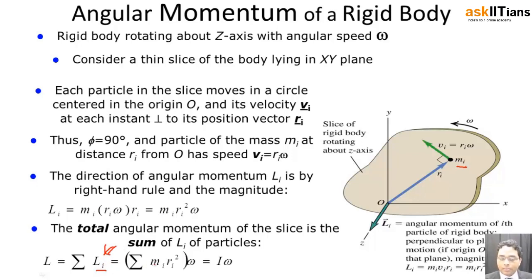Li can be written as mass into r square into omega. But m r square is nothing but the moment of inertia. So the total angular momentum is given by the product of the analog of mass, that is I, and the analog of velocity, that is omega. So I into omega gives you the angular momentum.